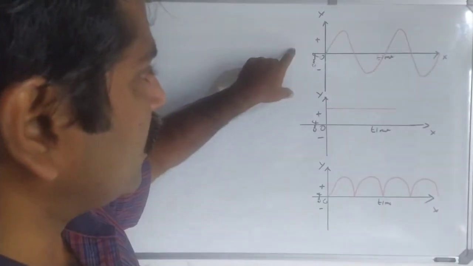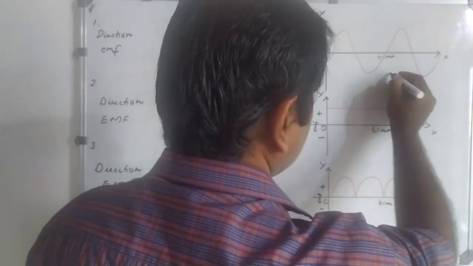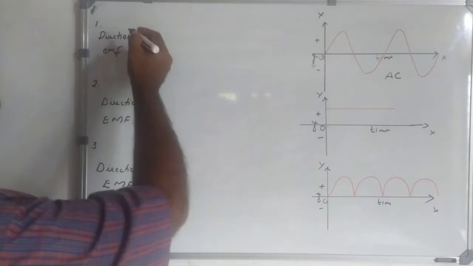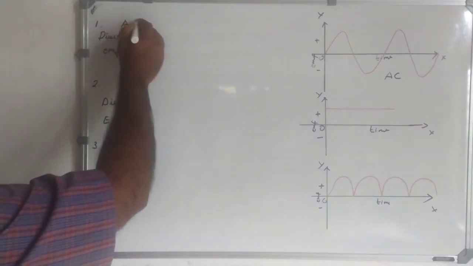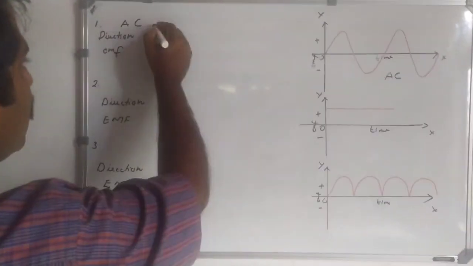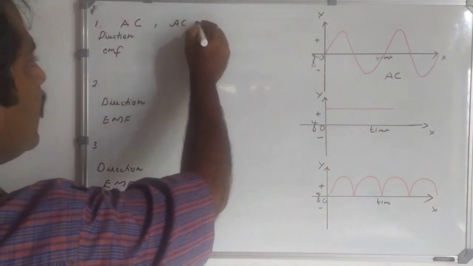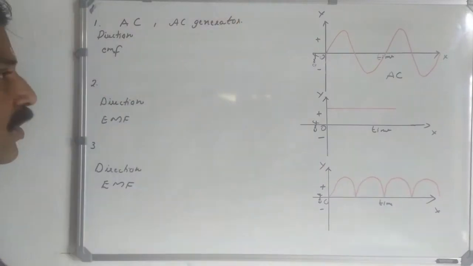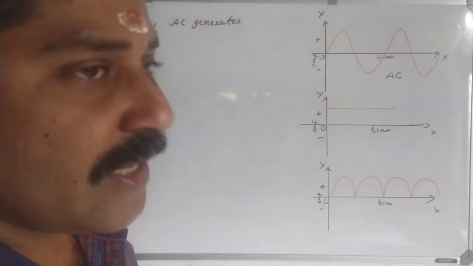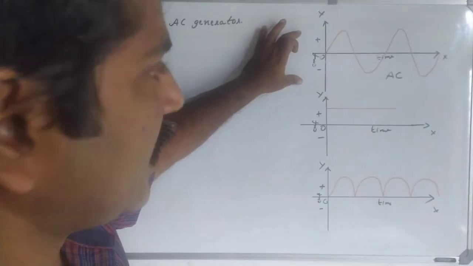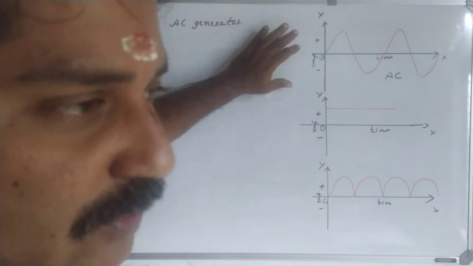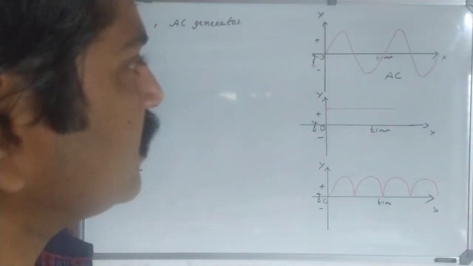So the first one is AC. And what is the source of AC? AC generator. So if you see a graph like this and you are asked to say which type of current it is, or to name a source which produces this type of current, then what is your answer?